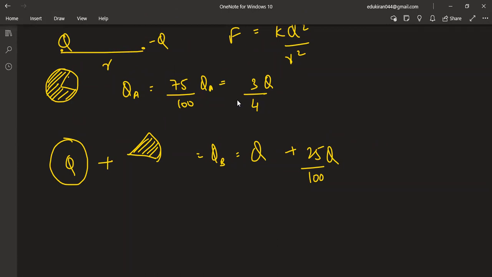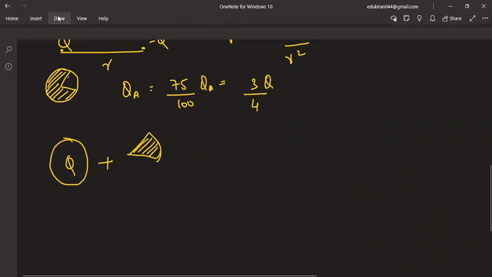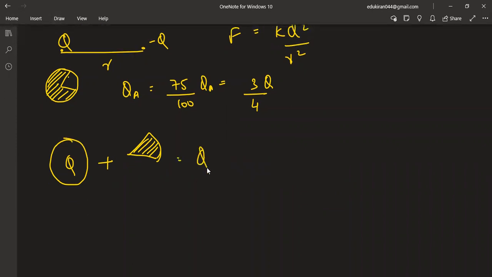So QB is gaining this part, which means 25% of the charge of A. Let me write it in terms of charges only, then it will be clear. 3 by 4 Q amount of charge is left in QA, right? Yes, okay, you're right.